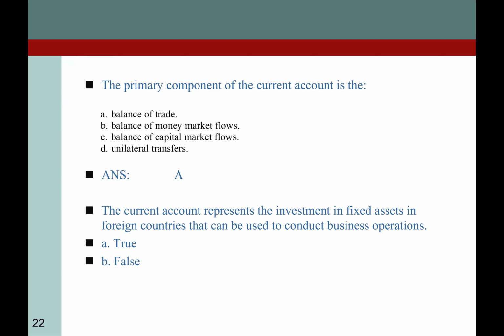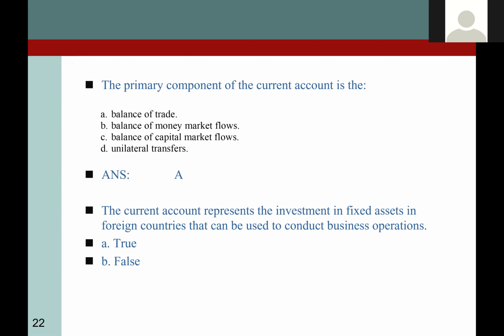False. One says false. Others? False. False. How false and how true? Any reason behind that?